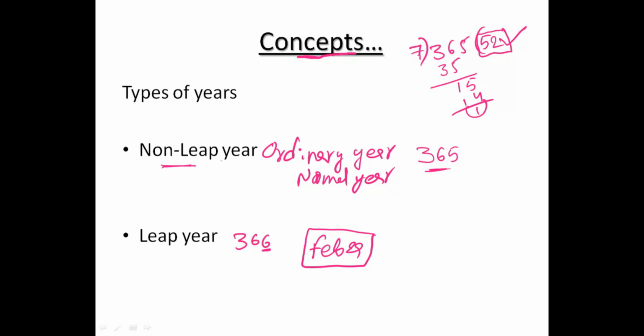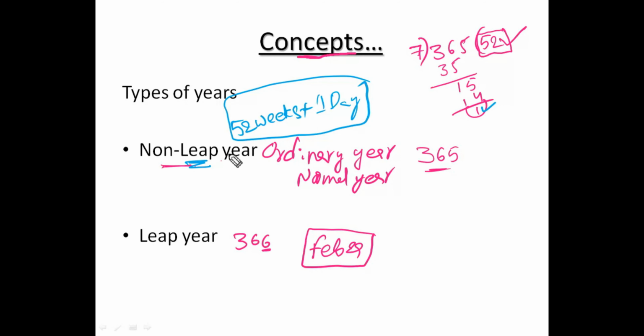So now we can say this point in this way: a non-leap year consists of 52 weeks plus 1 day remaining. A normal year consists of 52 weeks plus 1 day.